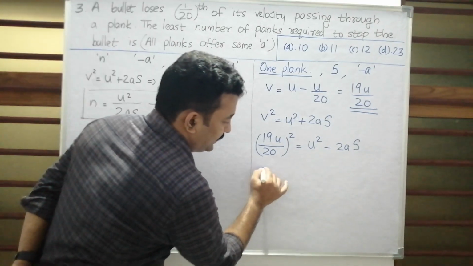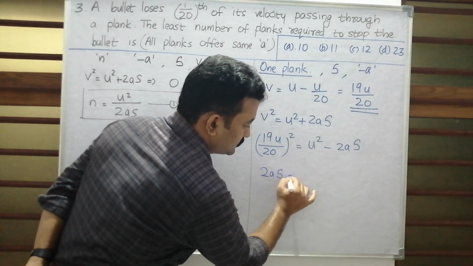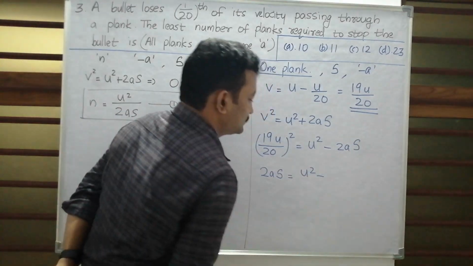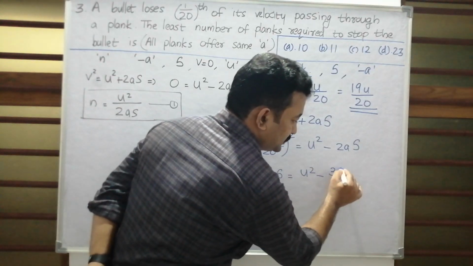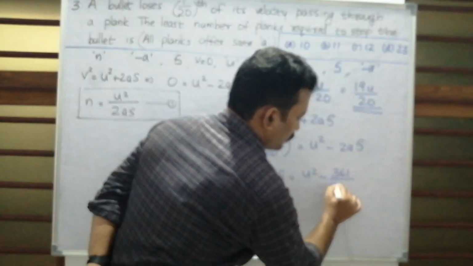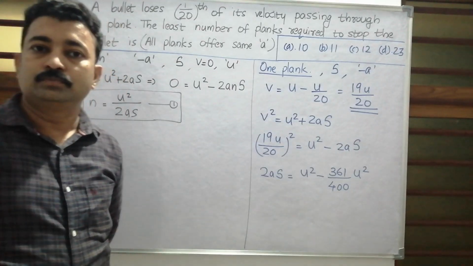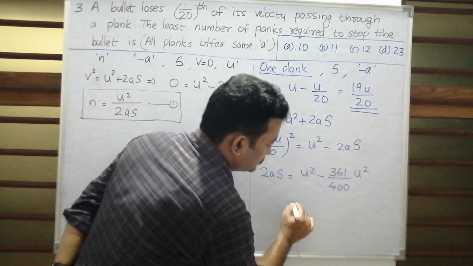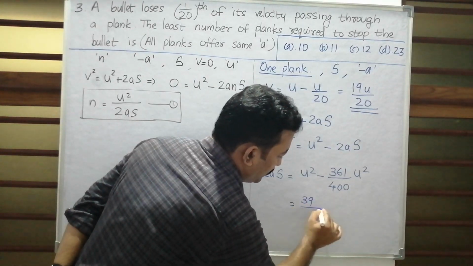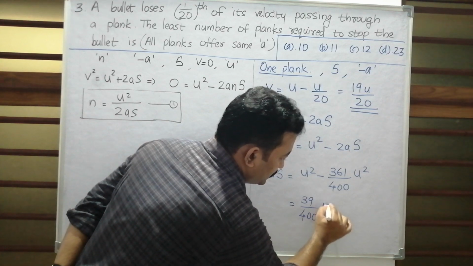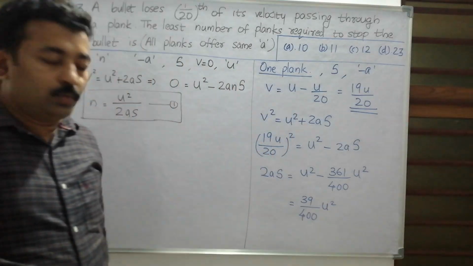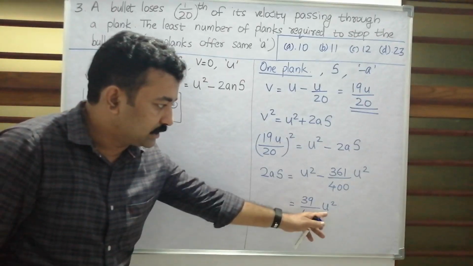So 2as can be written as u square minus 19 square, which is 361, over 20 square, which is 400, u square. If you rearrange, this becomes 39 divided by 400 u square. We got the expression of 2as in terms of u square.